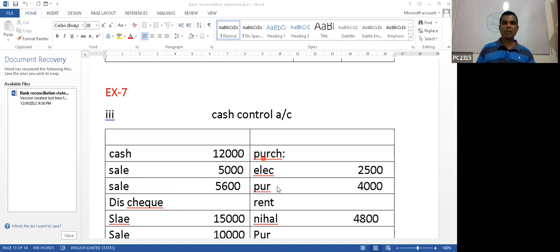Then here there are two types of sales. What are they? You see sales 1,000, debtors 2,000.